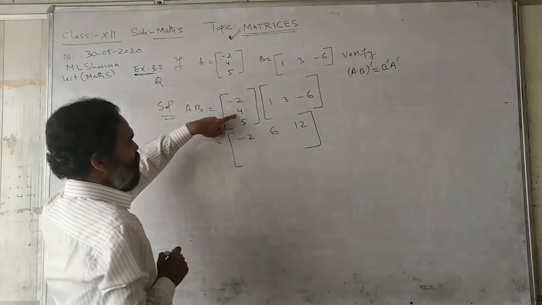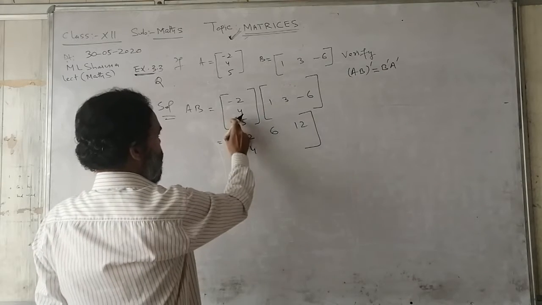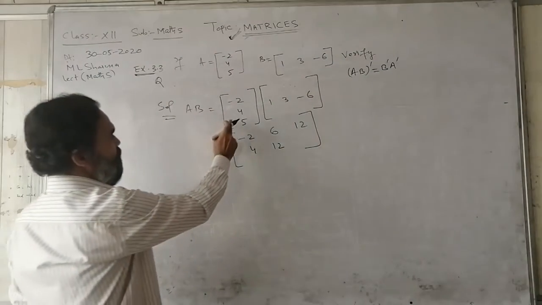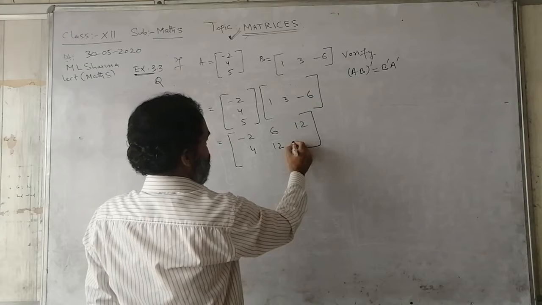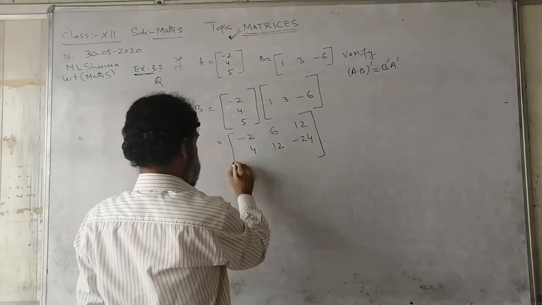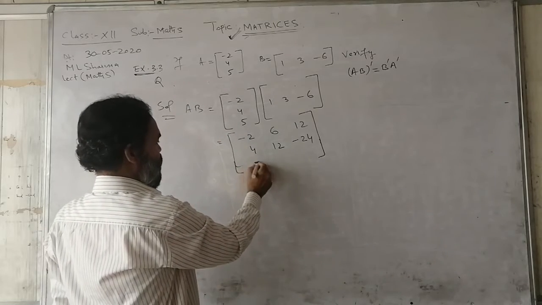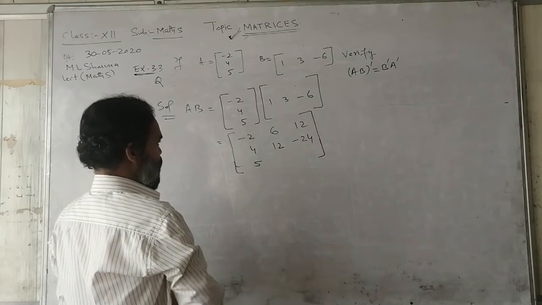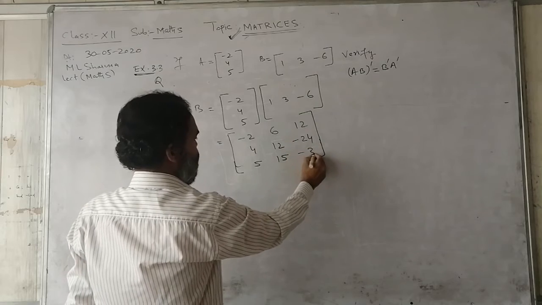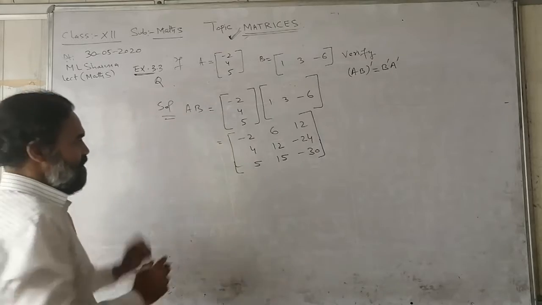Then 4 multiplied by 1 gives 4, 4 multiplied by 3 will give 12, and 4 multiplied by -6 will give -24. Then 5, this last element, 5 into 1 will be 5, 5 into 3 is 15, and 5 into -6 is -30. So this is the value of AB.